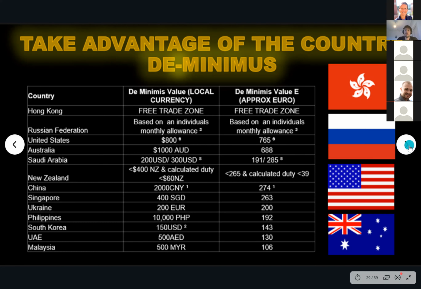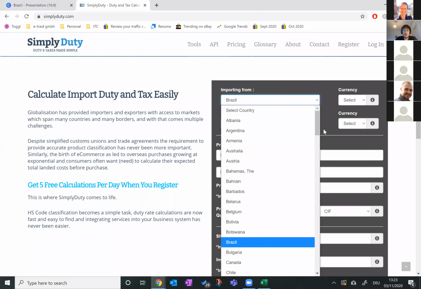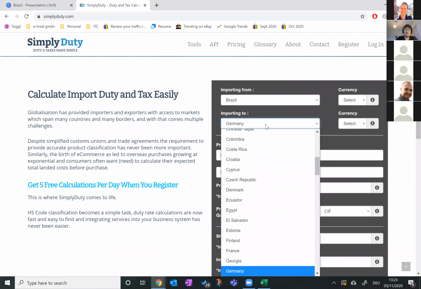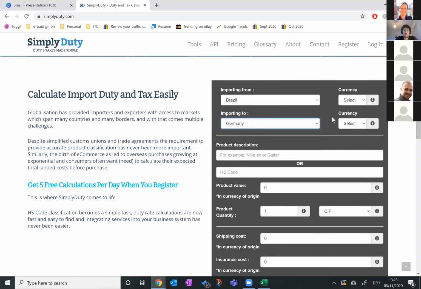So if I go to simplyduty.com and I want to know, for example, I'm shipping a beauty product from Brazil to Europe, I can say importing from Brazil, importing to, and then we'll take Germany, and we'll put in a product description.